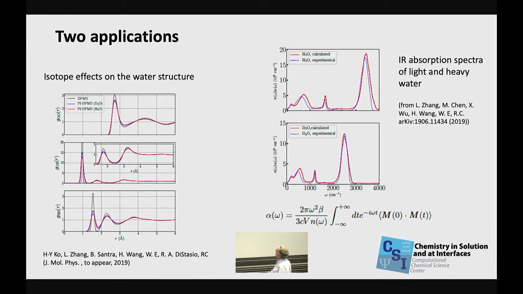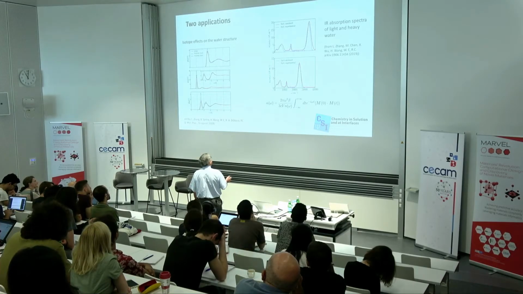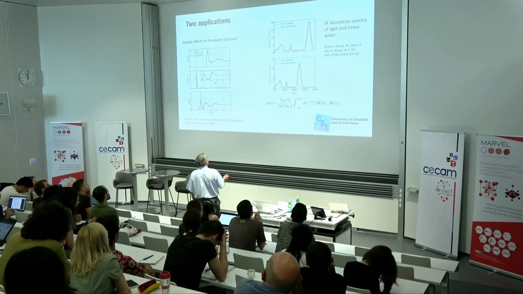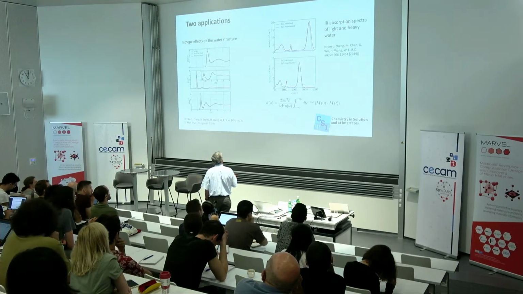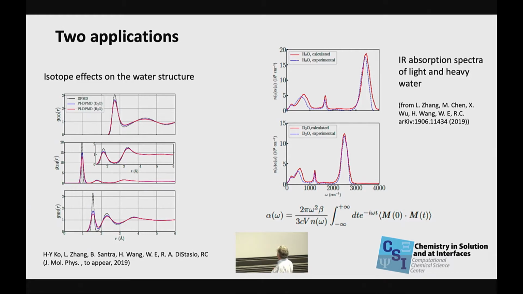One other application that I want to mention here is the infrared absorption spectra, again of light and heavy water at the level of a hybrid functional with 500 molecules, and this to get very good statistics. Here we did times of the order of a nanosecond, but we can do more than that.